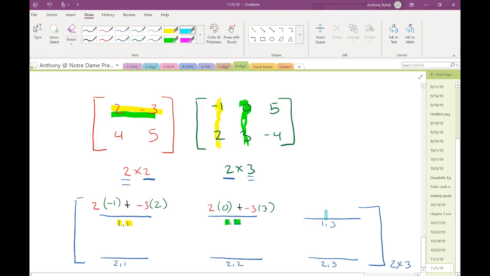I'm going to move to my next entry. This is entry 1,3, so I'm still using the first row, but now I'm using the third column. So I'll do 2 times 5, and then negative 3 times negative 4, and then I'll add those.